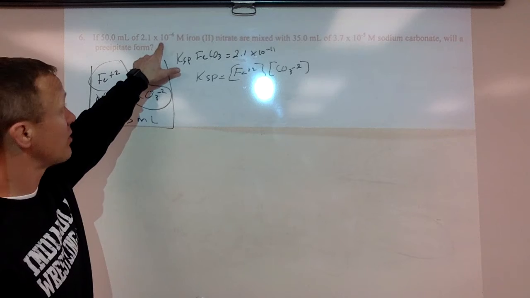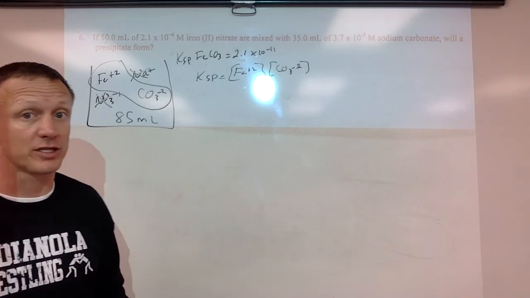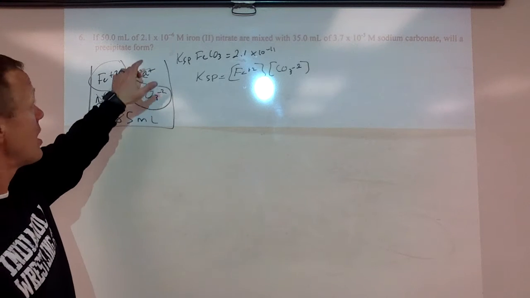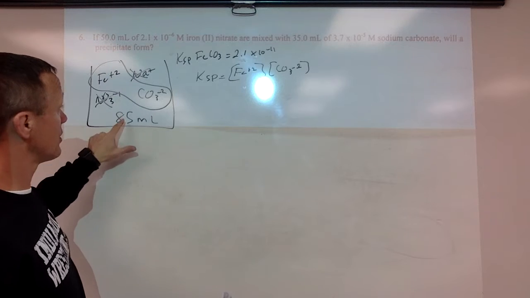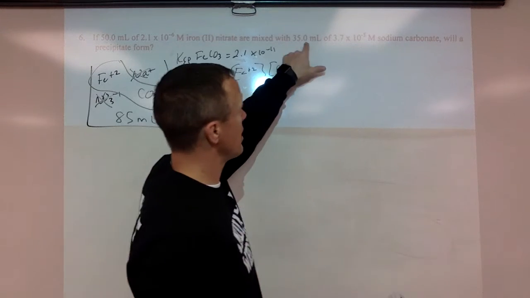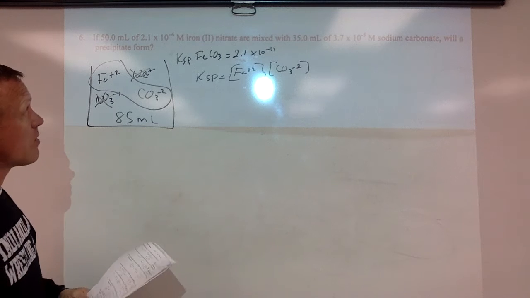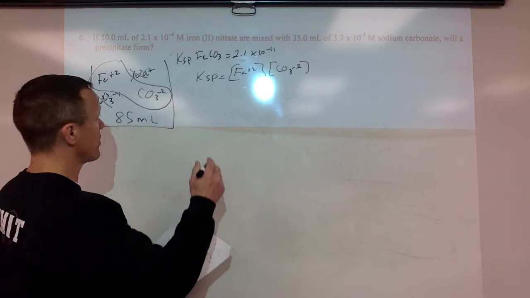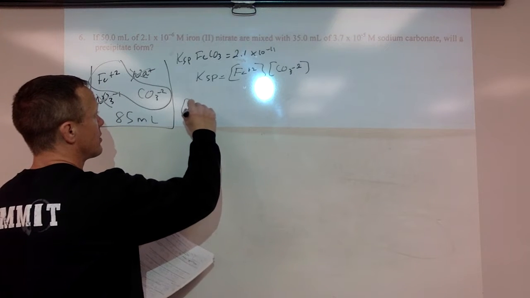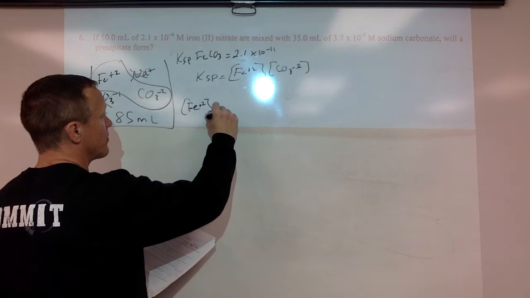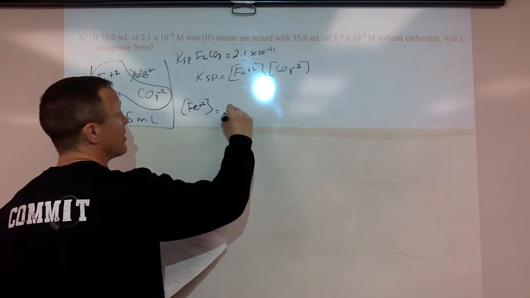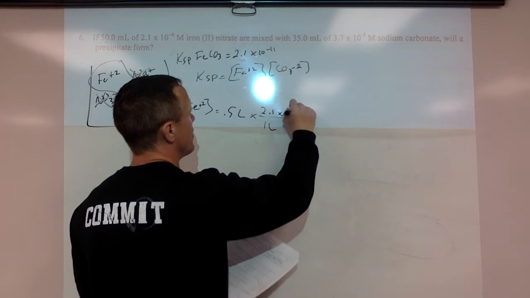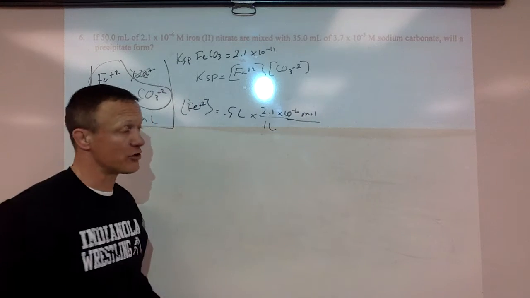Well, we can't just plug in this molarity and this molarity, because we've now mixed the two solutions together, which changed the concentration of those things. So we've got to figure out how many moles of iron ions there are, divided by this liters, and how many moles of carbonate ions, divided by that liters. So the concentration of iron ions is going to be, we had 0.05 liters times, every liter contains 2.1 times 10 to the negative 6 moles of iron nitrate, which would be moles of iron ions.